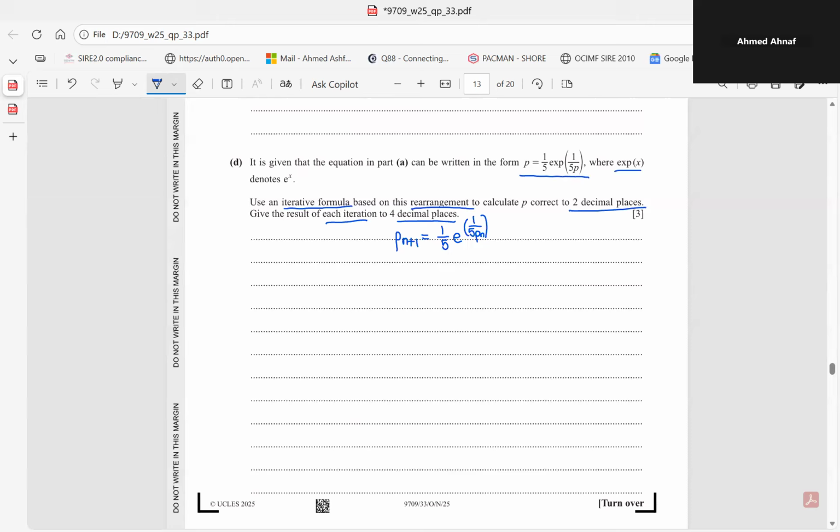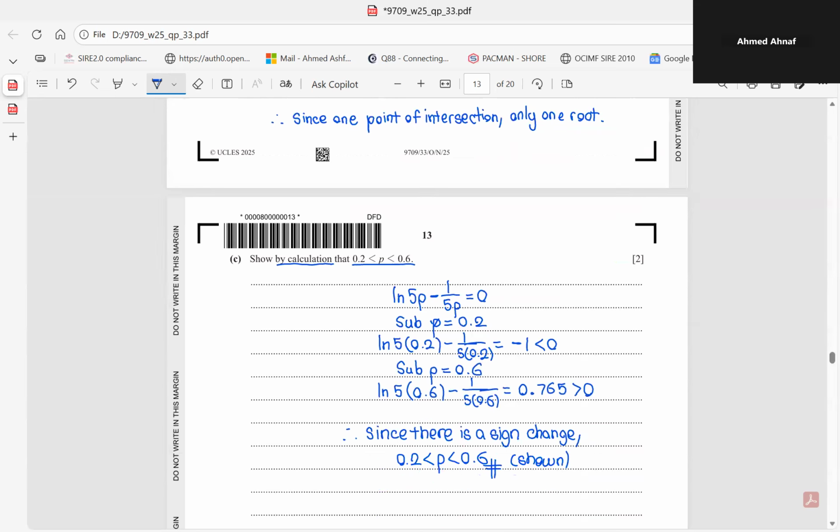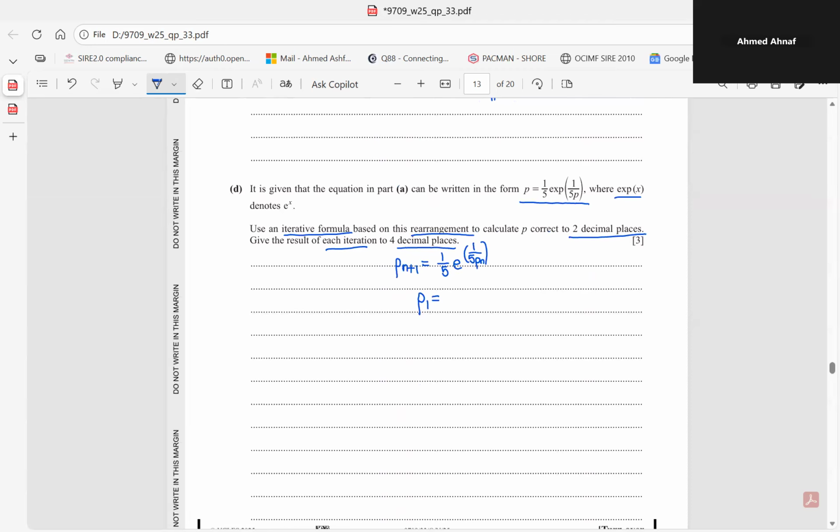So let's start with an initial value. What I like to do is take the midpoint of the range that P is in. So 0.6 plus 0.2, divided by 2, you get 0.4. That's your midpoint, so this is a value I like to start with. To do this type of question, you should set your initial value as the answer in your calculator, and then substitute the answer, not the initial value, into your iterative formula.